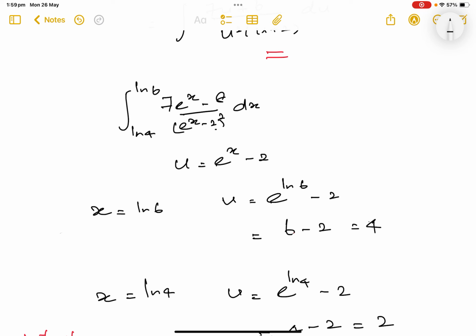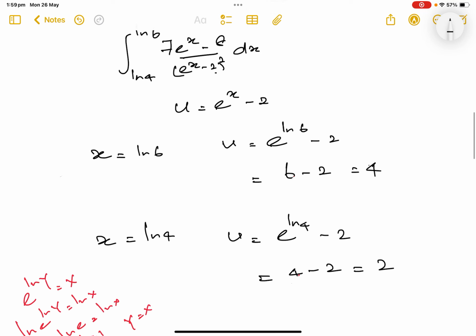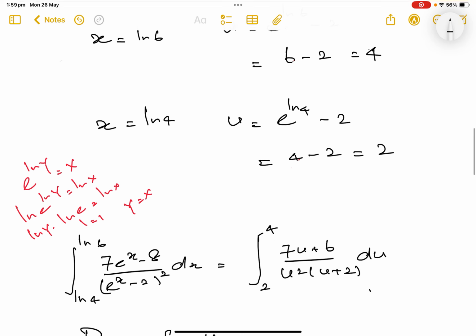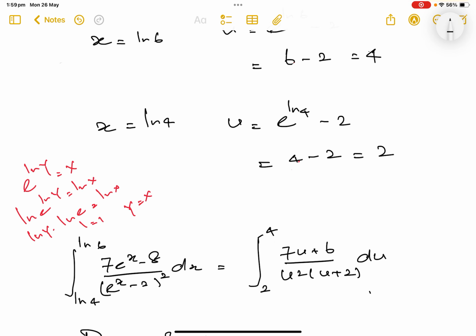So u equals e to the power x minus 2, that's the substitution. When x equals ln 6, the upper limit, u equals e to the power ln 6 minus 2, so 6 minus 2, which is 4. When x equals ln 4, u equals e to the power ln 4 minus 2, e to the power ln 4 is 4, then minus 2 is 2. So the limits change for u.